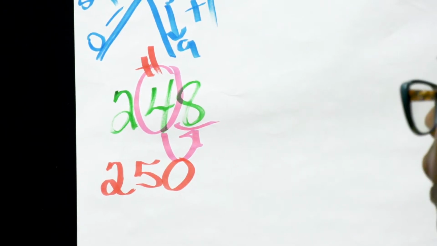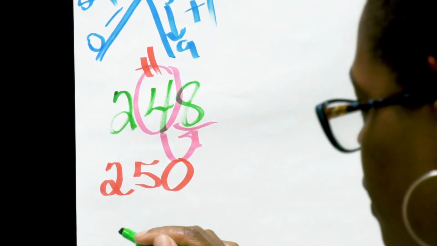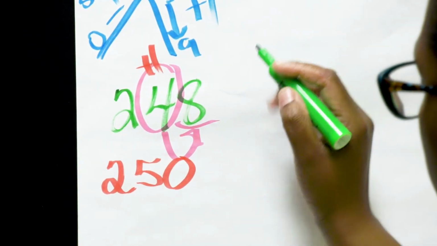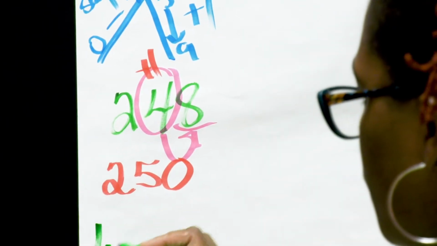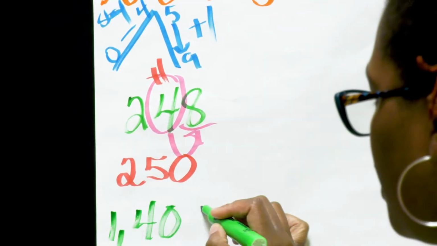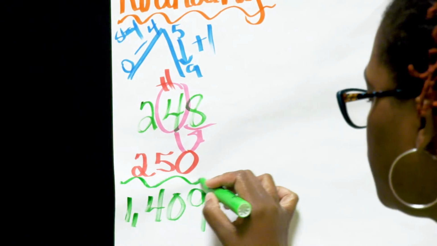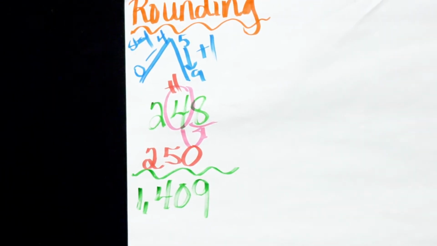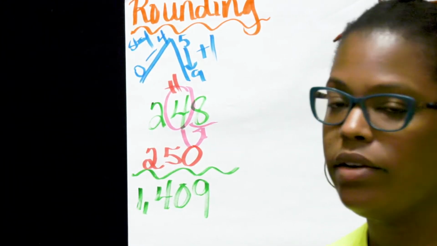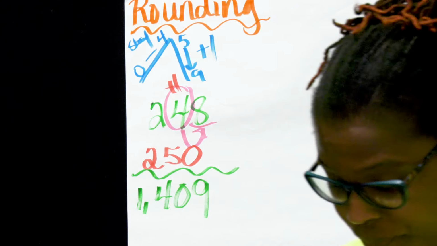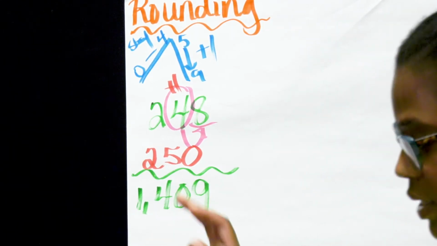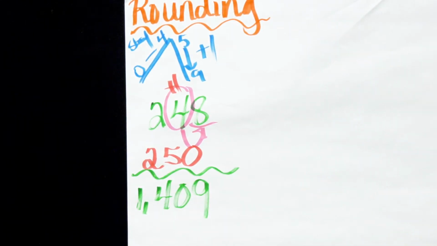Okay, so let's try a bigger number. Rounding 1,409. And let's say I ask you to round to the nearest hundreds place. Okay, so hundreds, the digit that's in the hundreds place is the 4.